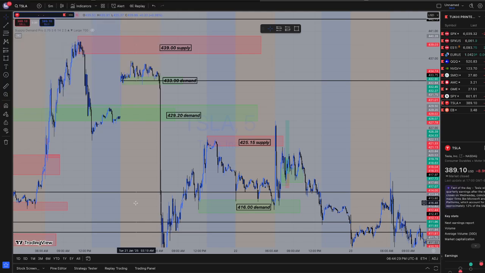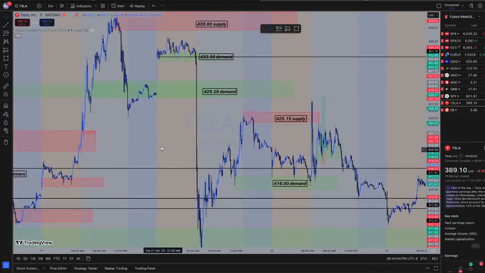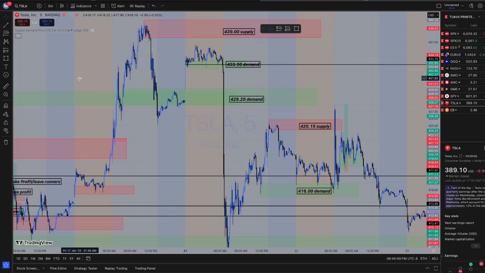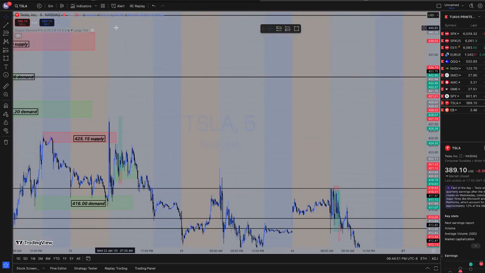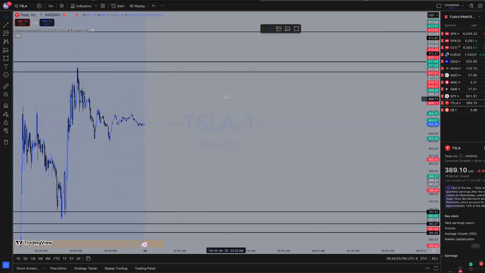But keep in mind, too many rejections slash reversals within your specific zone, that zone will just continue to get more and more weak, meaning the move that you're looking for is likely to not happen. All right. I'm trying to find an example of a zone not working out, so how you guys are able to kind of best work with it.